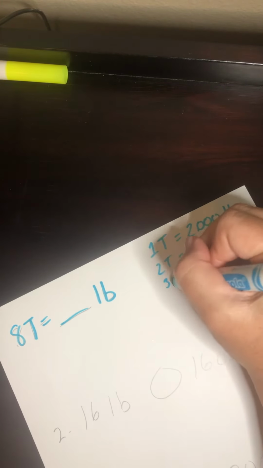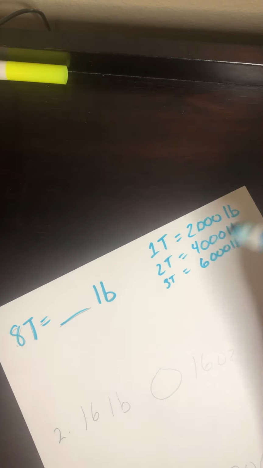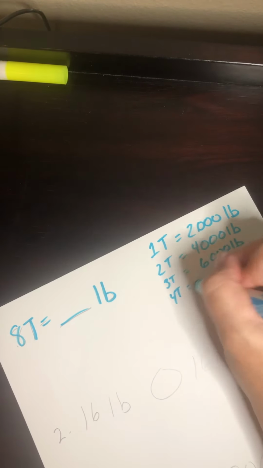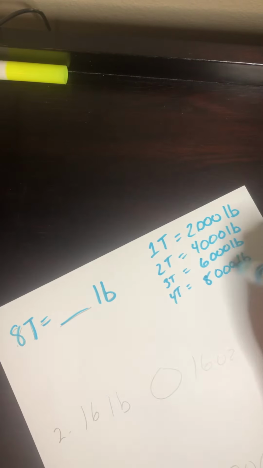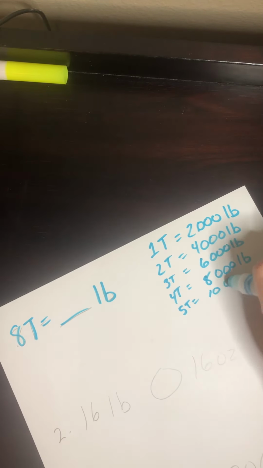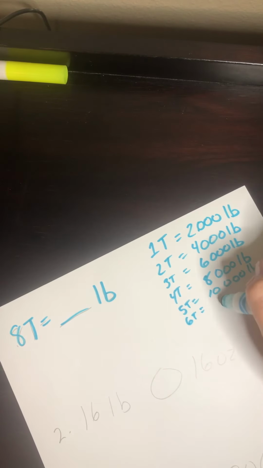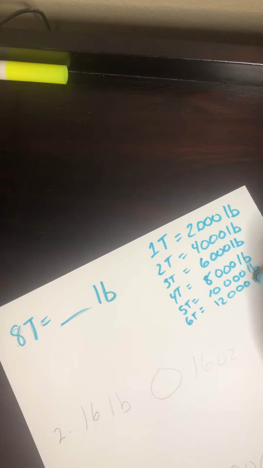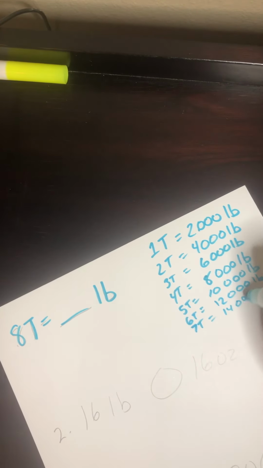Can you start to see a pattern here? Each time I add on my new pounds, I'm counting by 2. So 2, 4, 6, 8,000 pounds, 5 tons, then 10,000 pounds, and then I get to 6 tons, and that's 12,000 pounds. And then I get to 7 tons, which is 14.